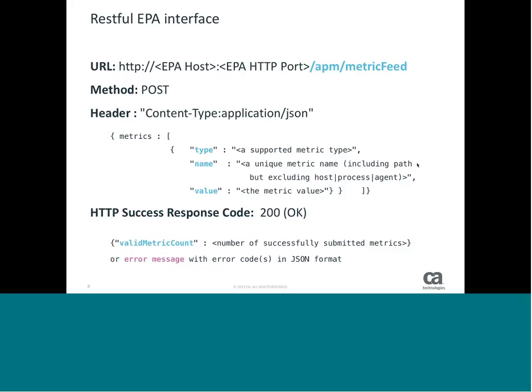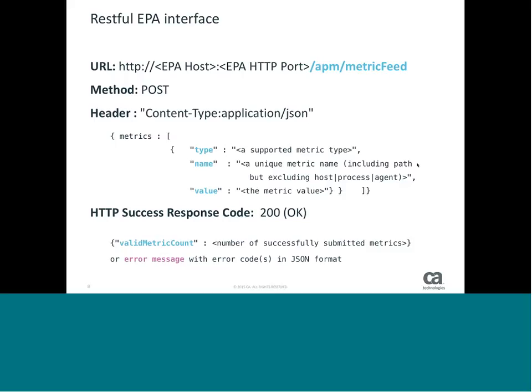You have to supply the header content type as application JSON, and then you supply just a JSON string with a metrics array, and every array member also contains the type, the name, and the value.